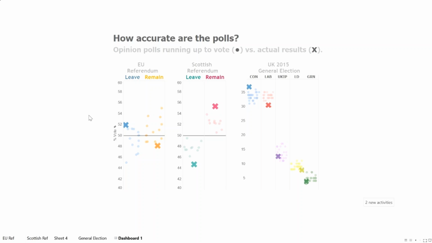Another interesting thing about this data is that with the EU referendum, the vote actually went against what the polls said. The majority of the data points here are on the other side of this 50-50 line from the actual vote.